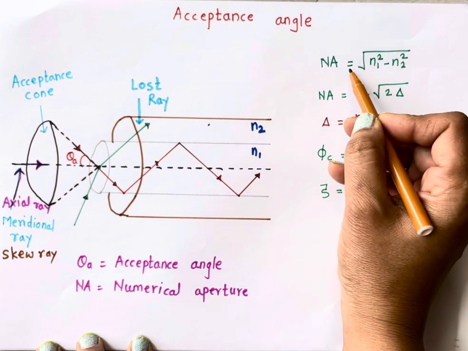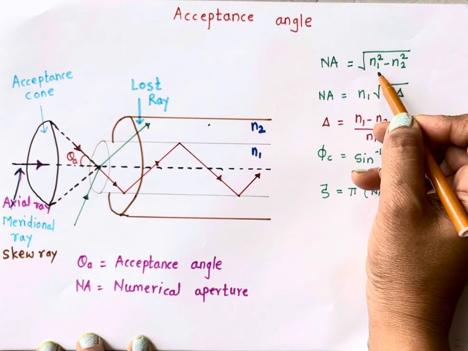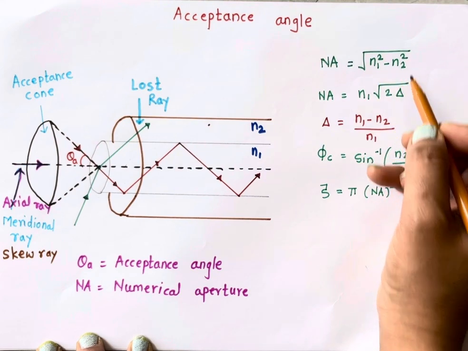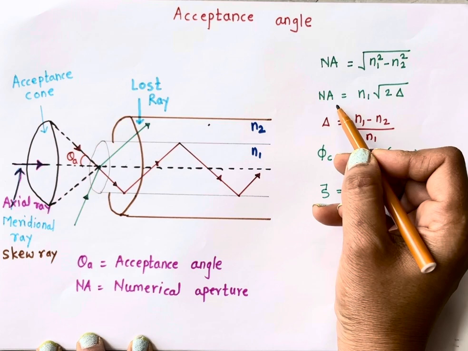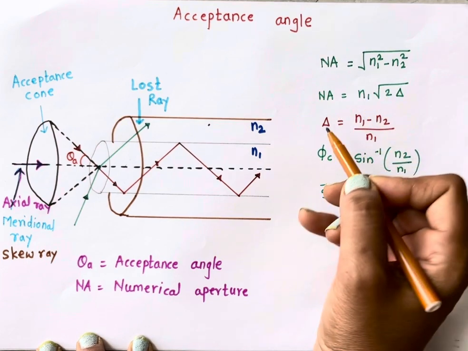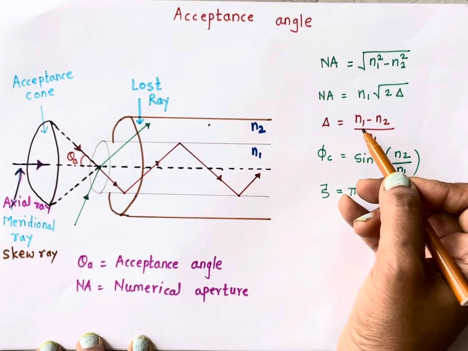One formula is the square root of n1 squared minus n2 squared, where n1 is the refractive index of the core and n2 is the refractive index of the cladding. Another formula is numerical aperture equals n1 times the square root of 2 delta. Delta stands for relative refractive index difference.